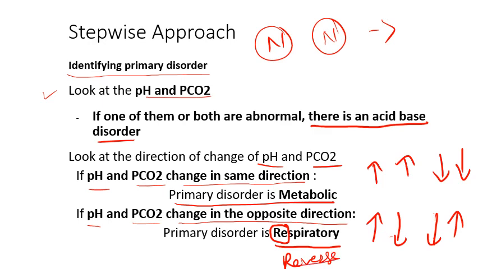So just say for an example, if the pH becomes 7.23 and PCO2 is 60. So pH has decreased and PCO2 has increased, which tells you that it's a respiratory disorder. And looking at the pH, you can safely say that it is a respiratory acidosis.